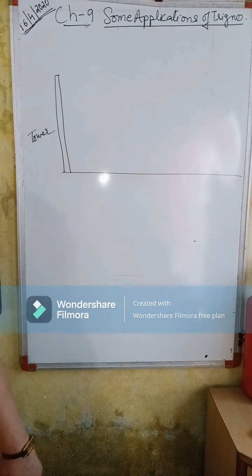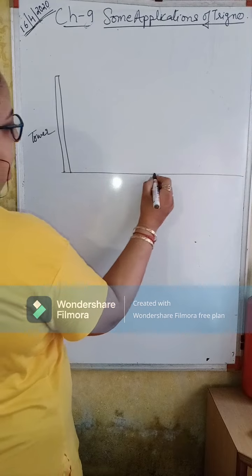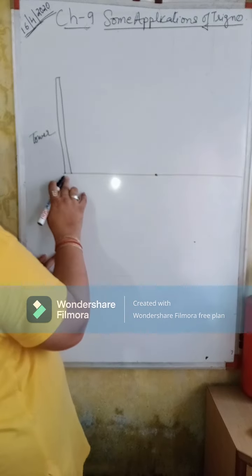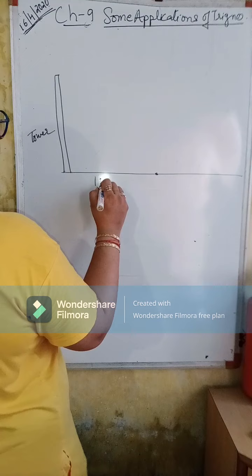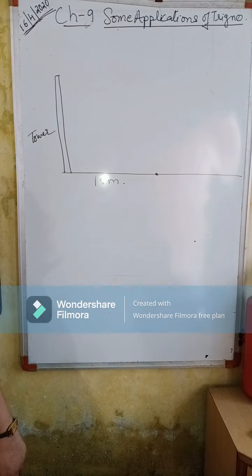The point is 15 meters away from the foot of the tower, so this is 15 meters. The angle of elevation of the top of the tower is found to be 60 degrees. Find the height of the tower.